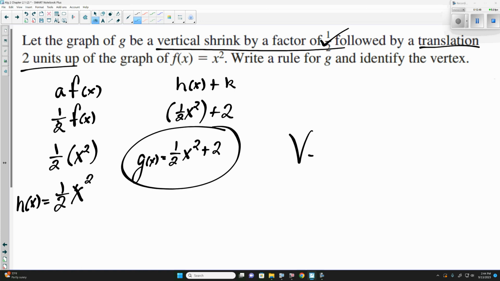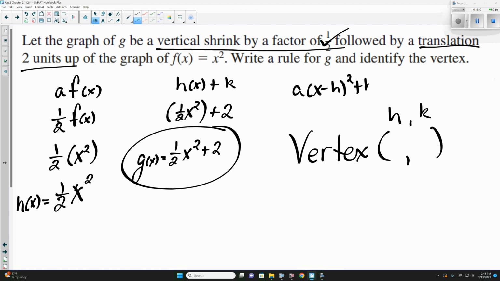Questions on this here before we find the vertex? Vertex, h comma k. Well, again, what would the k value be? 2, and it would be positive because it's +2, yes?